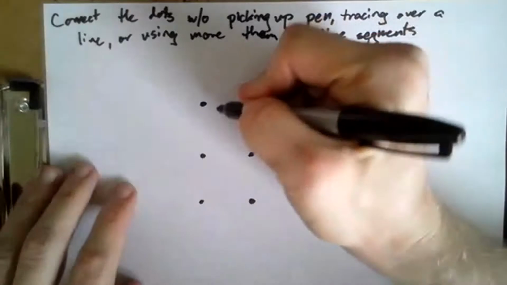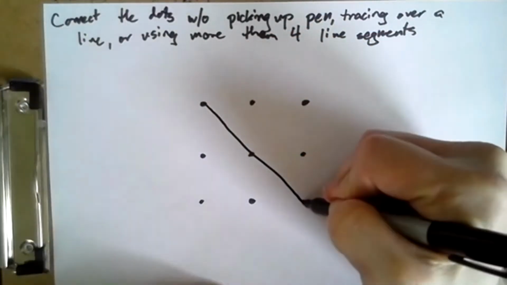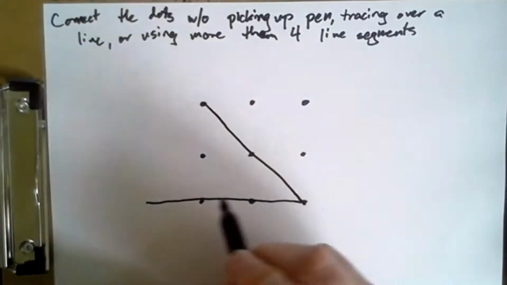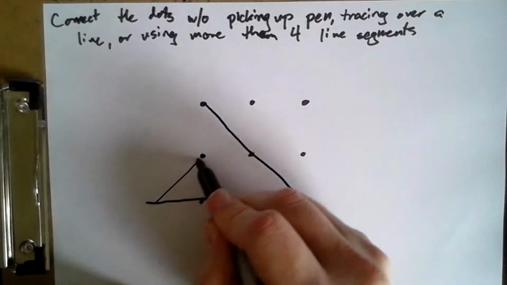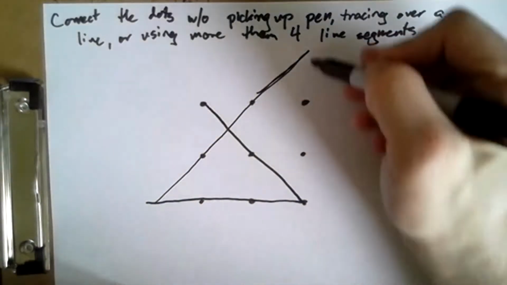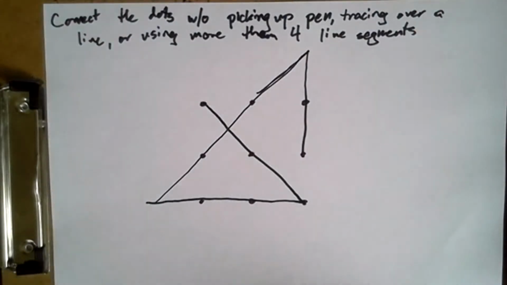We're going to do it like this. I draw this diagonal, and then I turn left from here. I could turn up, but I'm going to turn left. And then I draw this segment through here until that's above this part, and then I draw that segment down there. I have drawn 4 line segments.